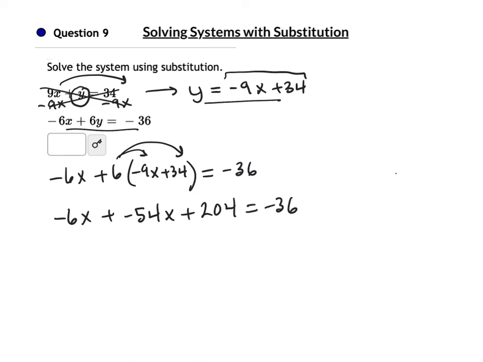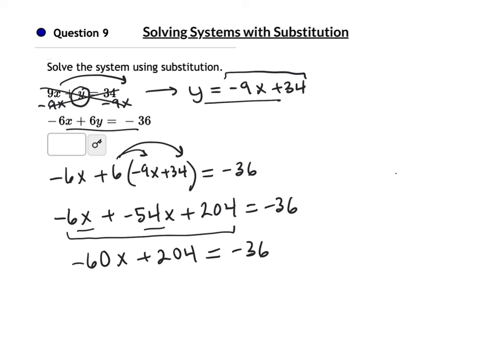We'll combine like terms. Negative 6x and negative 54x make negative 60x. Plus 204 equals negative 36. Eliminate the coefficient last.